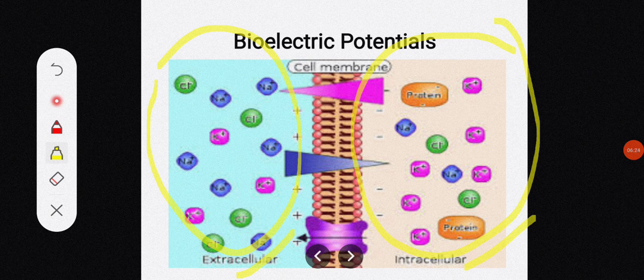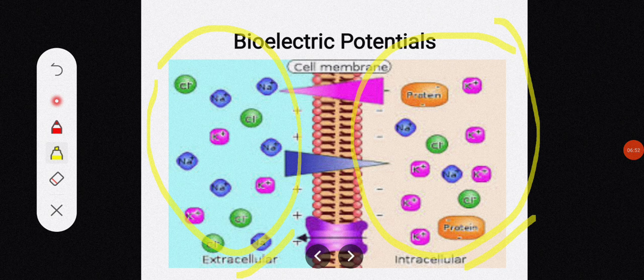How are they conductive? Because they are carrying ions. What are ions? Ions are charged atoms. If an atom loses an electron, it gets a positive charge, and we say it is a positive ion. If an atom gains an electron, it gets a negative charge, and we say it is a negative ion. So these fluids are carrying charges in the form of ions.